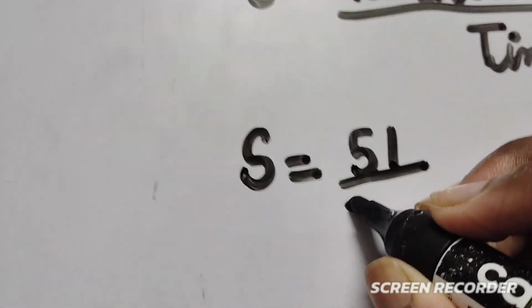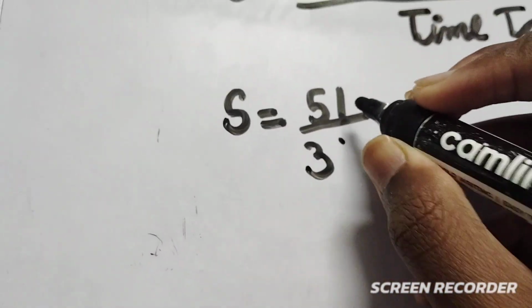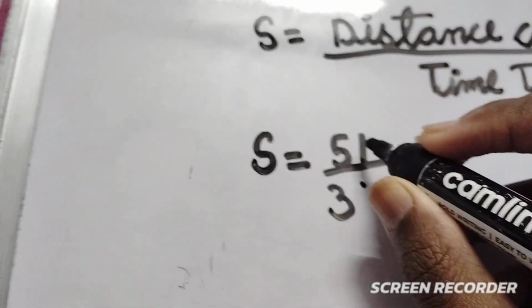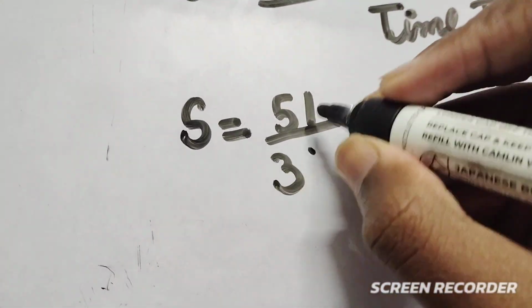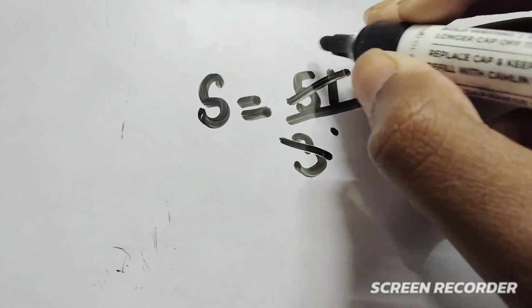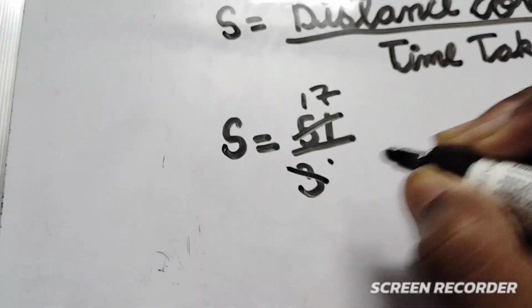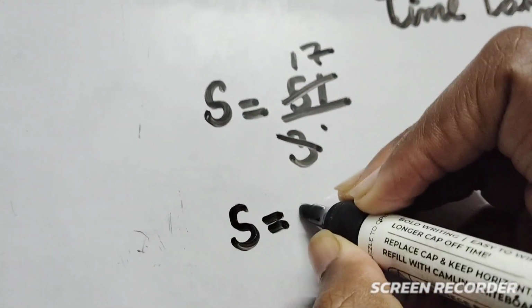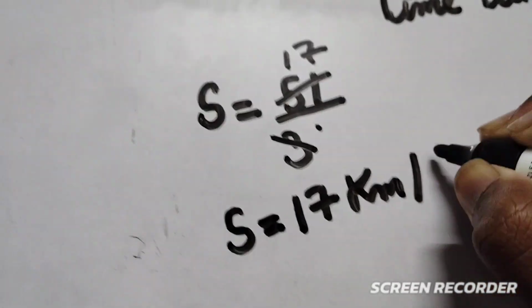We will divide this by 3. How many times does 3 go? 17 times 3. So speed equals 17 kilometer per hour.